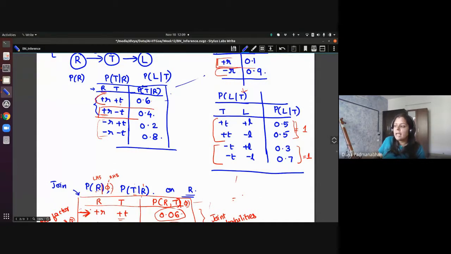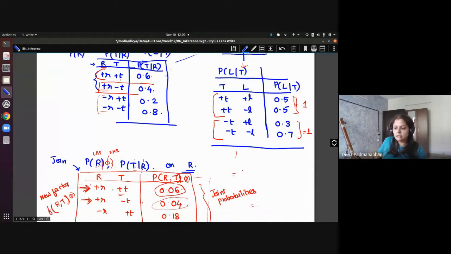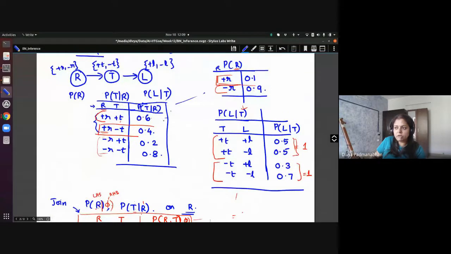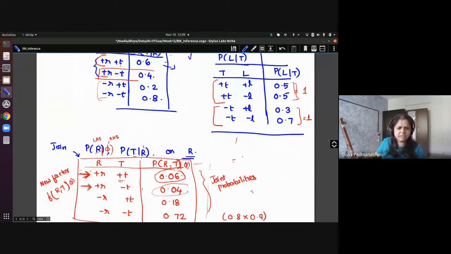Each entry is the product of the corresponding entries from both tables. So that's what we saw as a join: a simple multiplication of the entries of each of the tables.